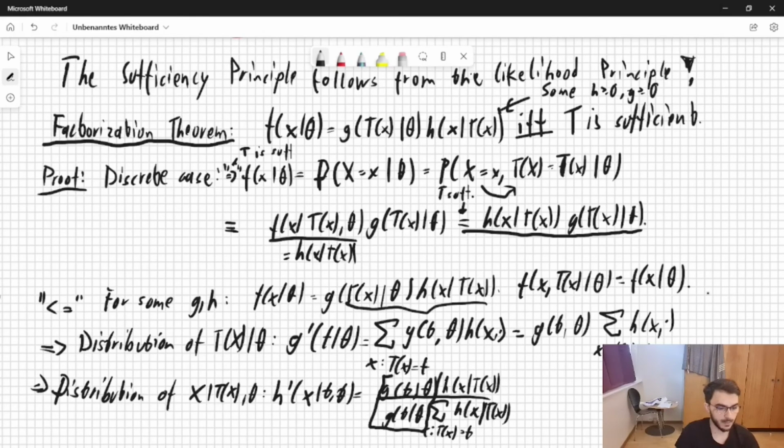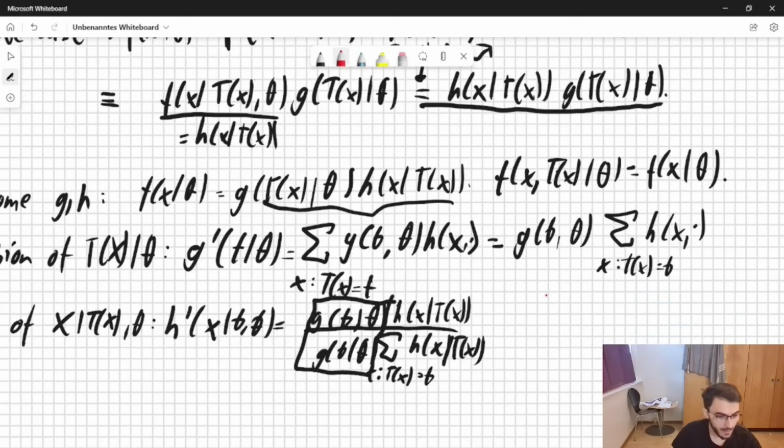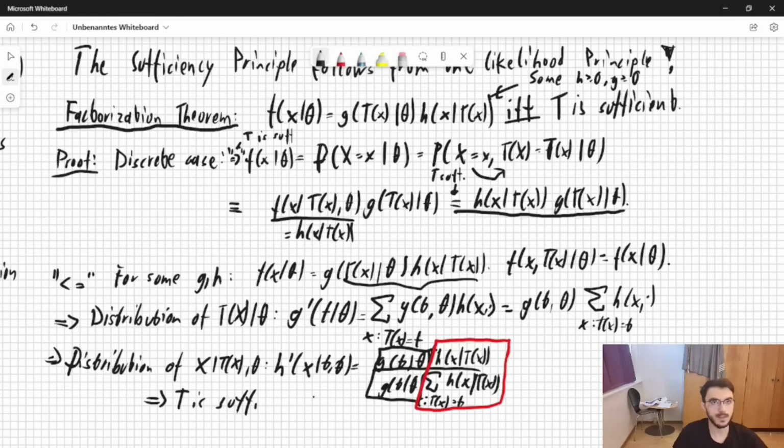This part here cancels out, and the other part over here does not depend on theta. So this implies that t is sufficient. This is the case for the discrete one. For the other one, look at the Wikipedia article. It makes things a bit complicated because the distribution of t, for the same reason we had for the last theorem, does not necessarily have to be discrete.